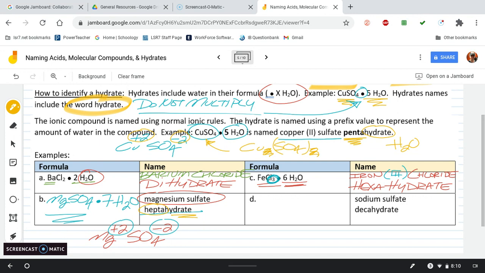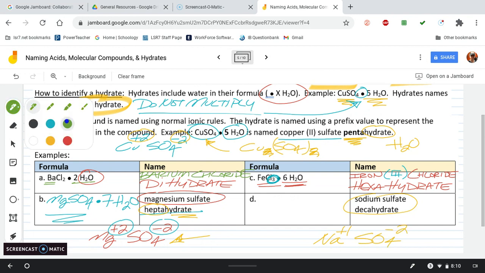And last, sodium sulfate, so no Roman numerals. So sodium, we're just going to look that up. You look up sodium, and it's a +1. And we just did sulfate, right? So we don't have to look it up again. It's hanging out right there. SO4 minus 2, crisscross. So the 2 is going to move, and the 1's going to move. We don't write down the 1's. The 2 hangs out there. So we don't care about the 1.